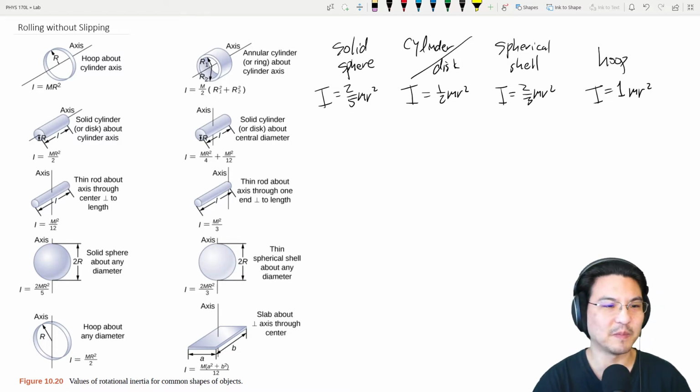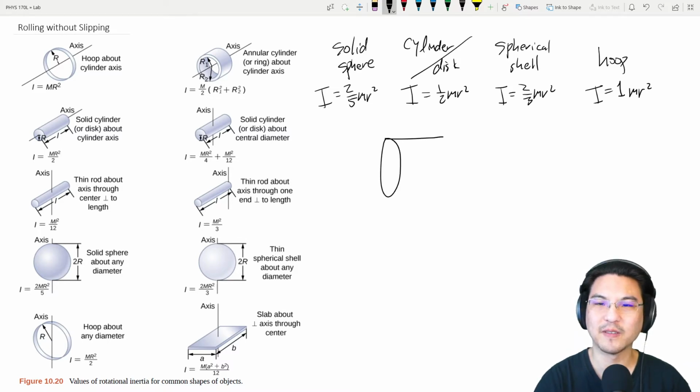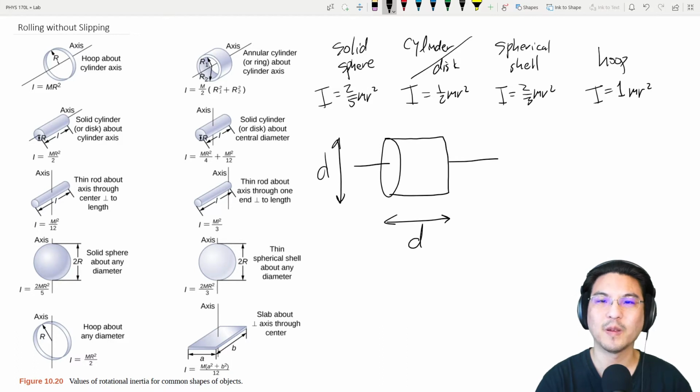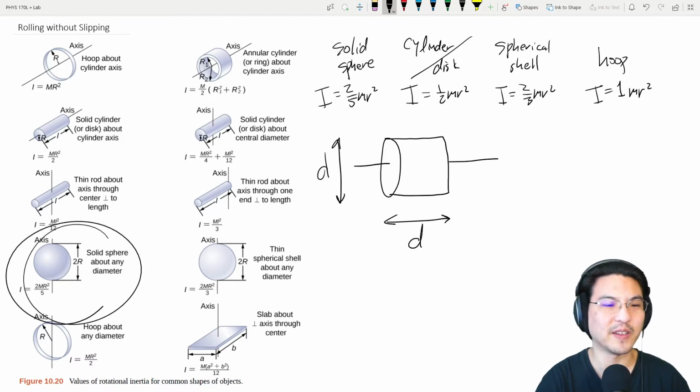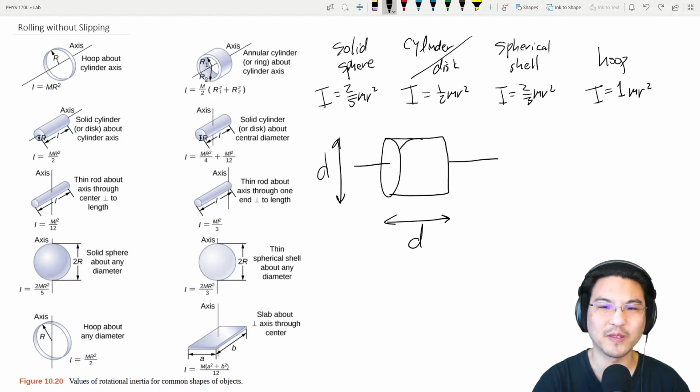And then maybe let's see if you can convince yourself that if you have a cylinder with some diameter d, and then I'll make this also the same diameter. So this is a cylinder, and let's say it's rotating about this axis. Now imagine you have a solid sphere with the same diameter d.